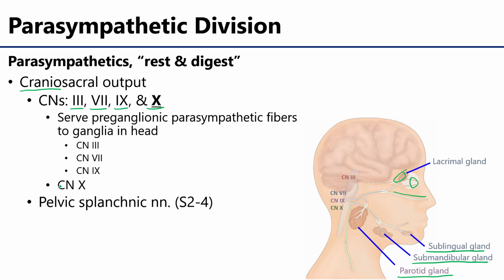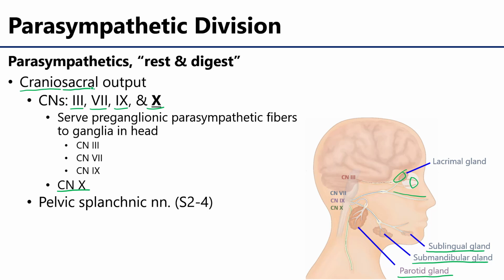The vagus nerve serves no targets in the head, but it does serve very many targets parasympathetically in the neck and the thorax and the abdominal cavity. In addition to the cranial contributions of the craniosacral outflow, there's also the sacral contributions.